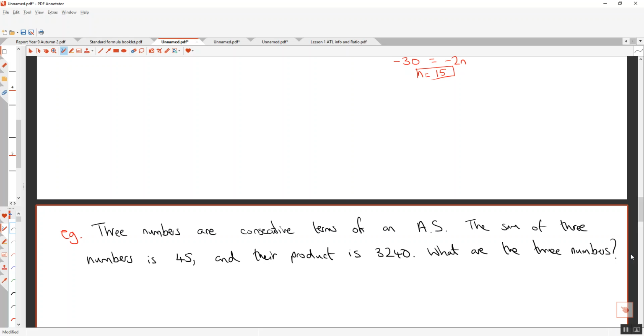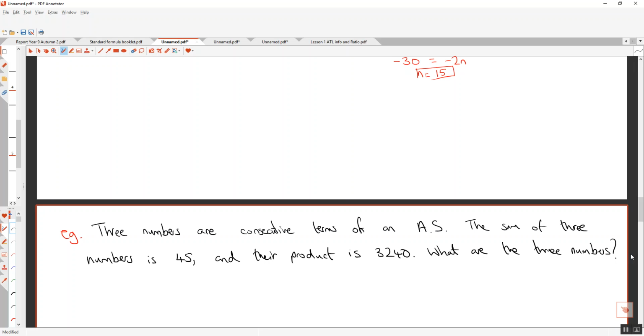So this is like a typical arithmetic sequence question, and let's try it without a calculator first. Without a calculator? What I don't, okay, so you can use a calculator, but what I don't want you to do is just try and do it by trial and error by putting in 3 different numbers and multiplying them together and adding them together, okay?